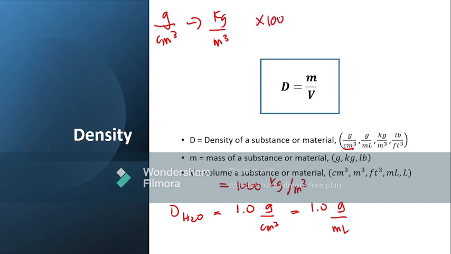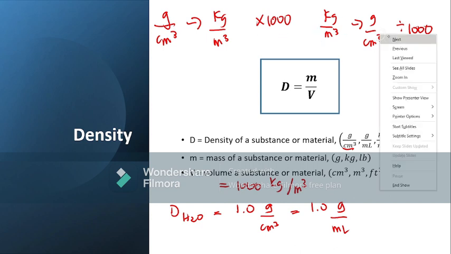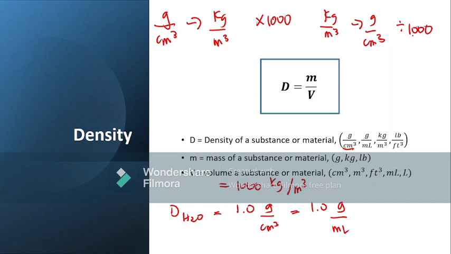Pag kilogram per cubic meter naman to gram per cubic centimeter, divide 1,000 lang kayo. Yun lang siya. Kunwari, kung ito yung given nyo, gram per cubic centimeter, you want it to convert to kilogram per cubic meter, multiply nyo kung ano yung value na to sa 1,000. Kung ito yung given nyo, kilogram per cubic meter, and gusto nyo siyang gawing gram per cubic centimeter, kung ano yung value nito, divide nyo lang siya sa 1,000.